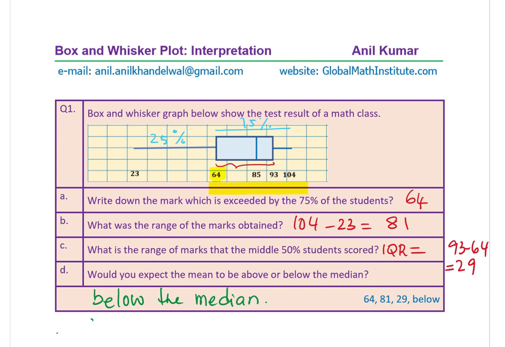We can say it's because of the outlier on the lower side. Outliers change the mean. We're looking at this position here, which is clearly an outlier, and therefore the mean is going to go towards the left side.